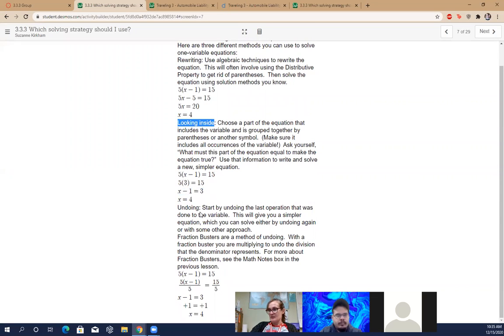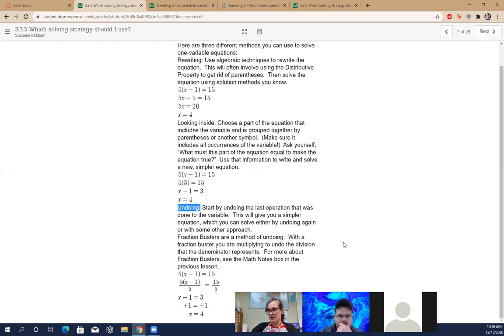The next way is undoing. Undoing is the thing we do with the fraction busters, where we're undoing the fraction, getting rid of the fraction. Undoing is where we take an equation that looks really hard and make it look easier.